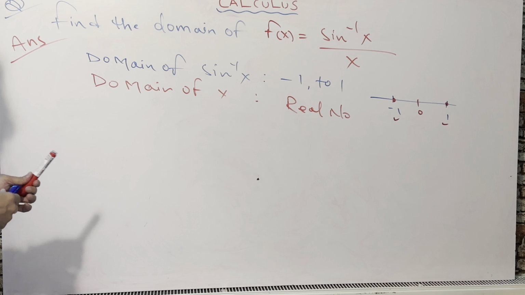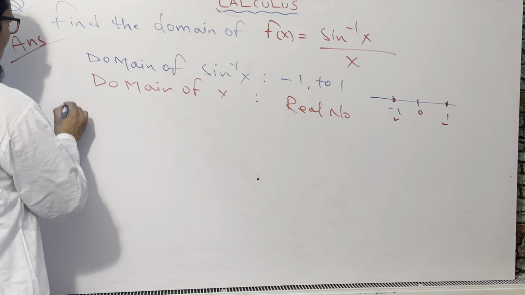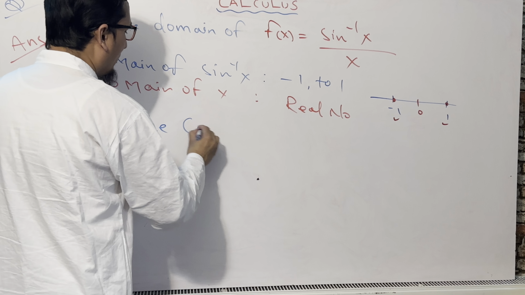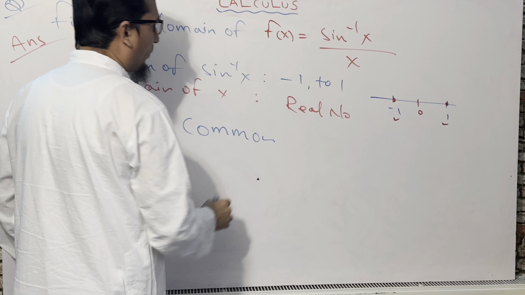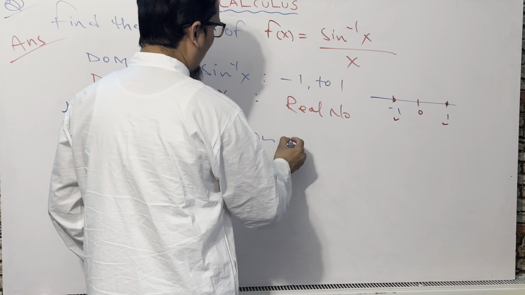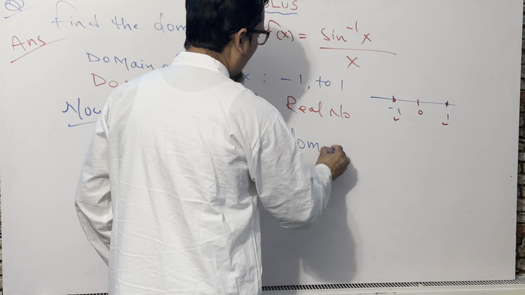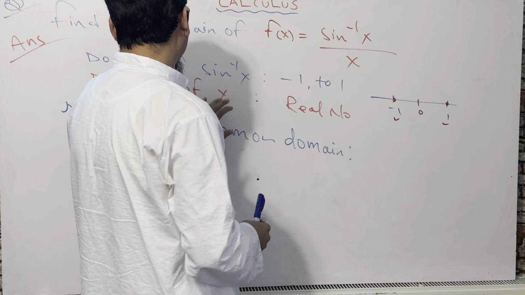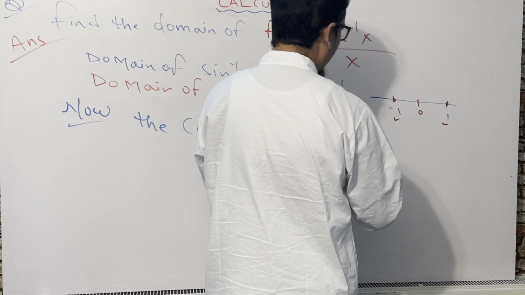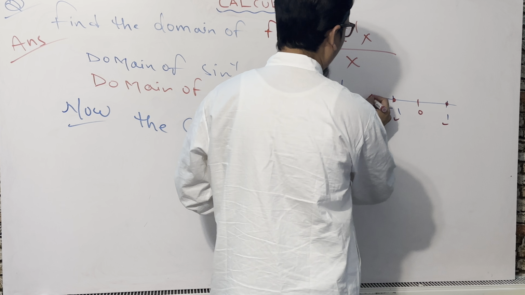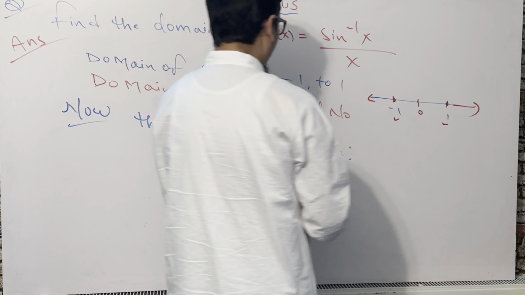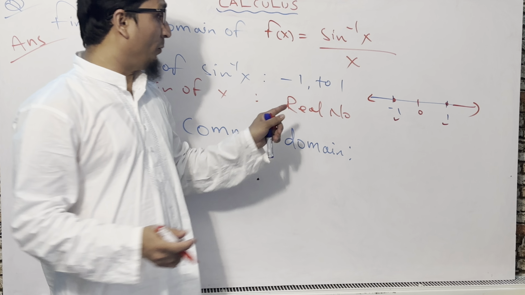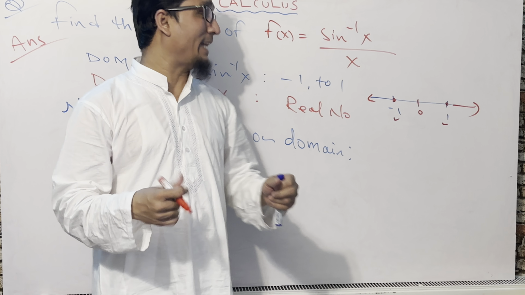So what is the common domain? Find out the common domain. Common domain means the intersection of the domains of sine inverse x and x. As you can see, this is the real numbers, so you can take any values from -infinity to positive infinity, which includes -1 to 1.